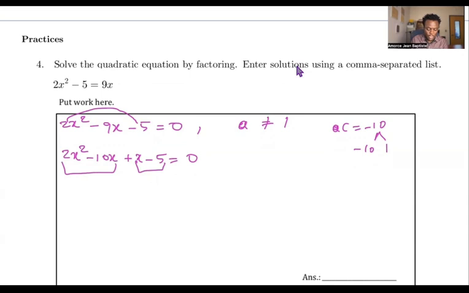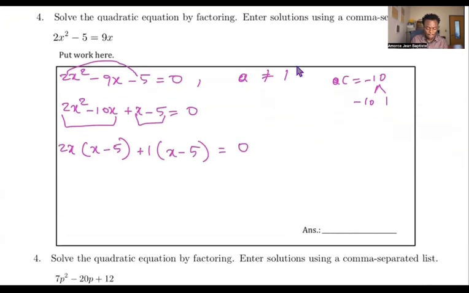GCF of the first group is 2x, so that's x minus 5. GCF of the next group is just 1, so that's 1 times x minus 5 equals 0. So that's x minus 5 times 2x plus 1 equals 0.